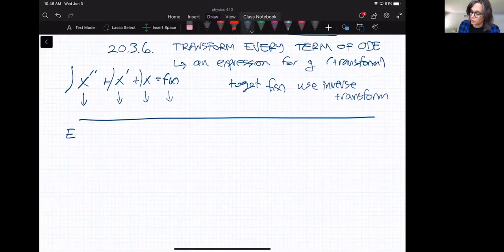The last part of this section is an important section on convolution theory. So what do we mean by convolutions?